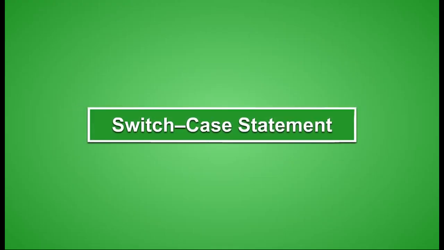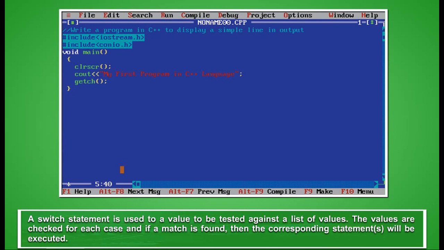Switch case statement. A switch case statement is used to test a value against a list of values. The values are checked for each case, and if a match is found, then the corresponding statement or statements will be executed.